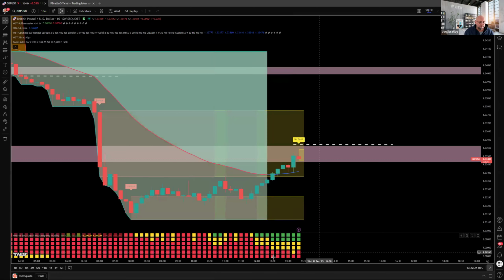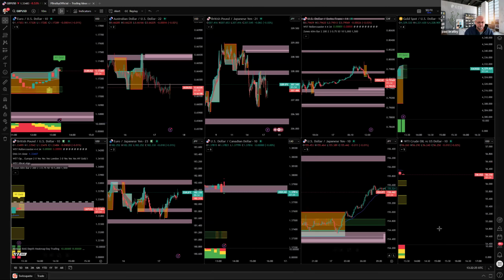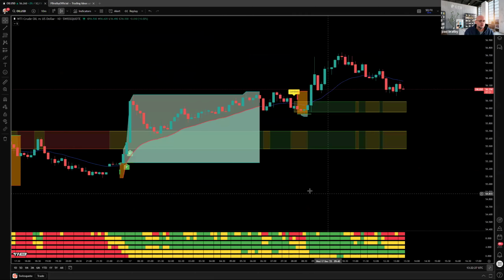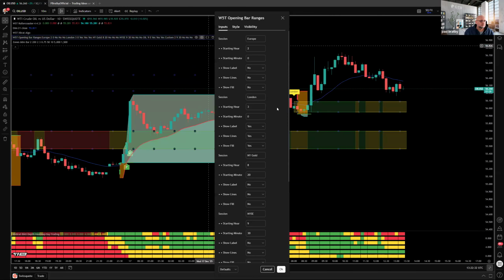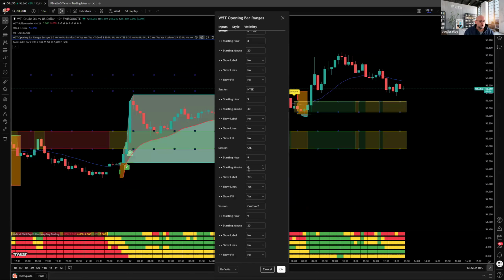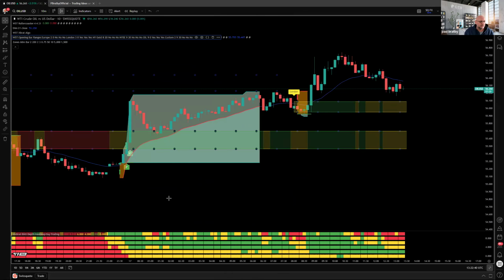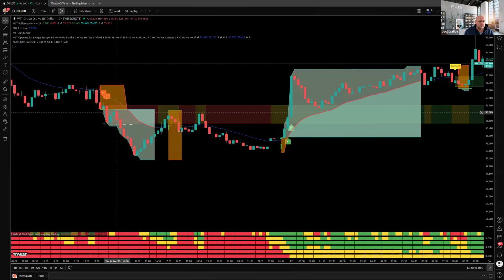So for example, if I go to oil here and go to the settings, we've got two basically custom settings. So I've typed oil in there, 9 a.m. EST, yes, yes, yes, and then it shows the oil pit open.